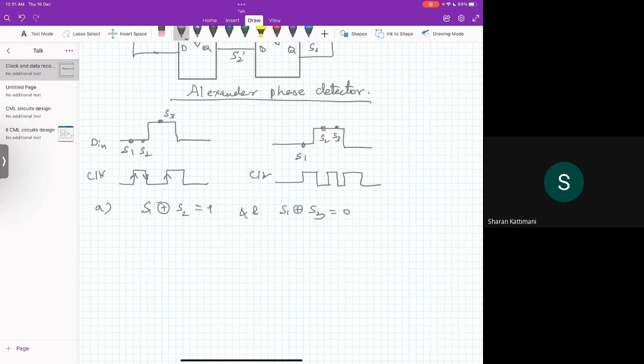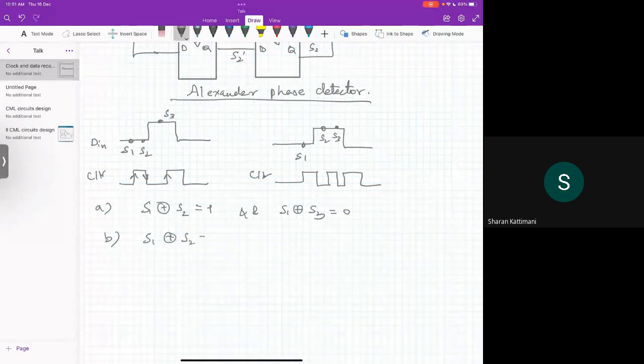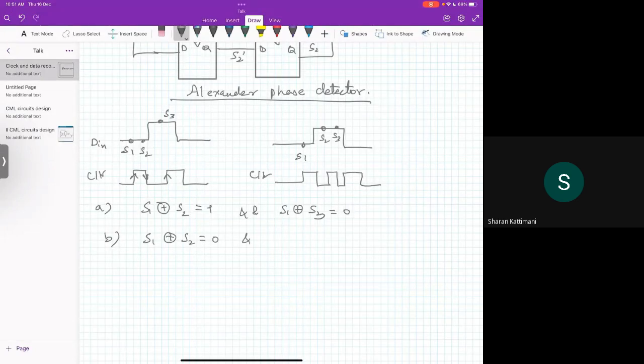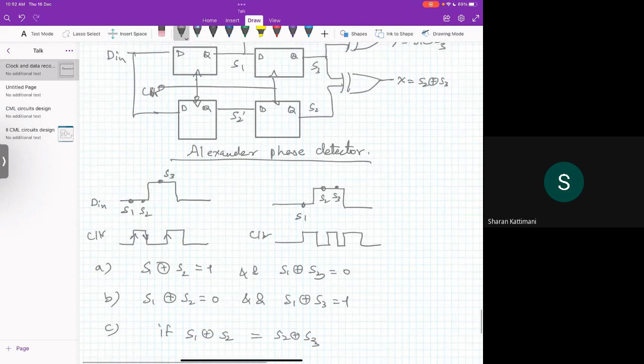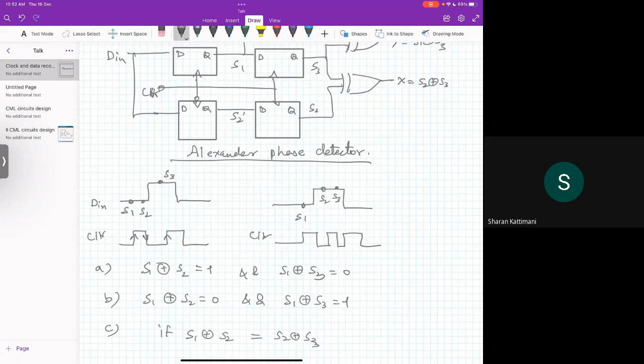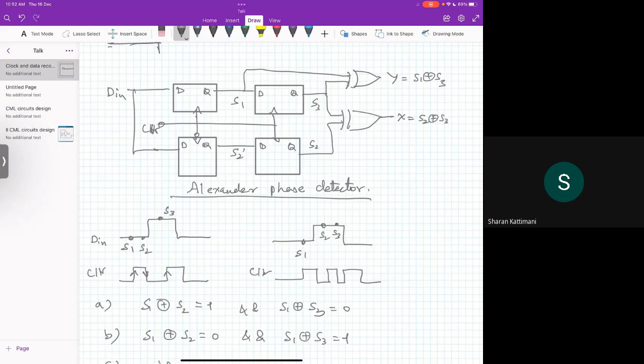Second is S1 XOR S2 is equal to 0 and S2 XOR S3 is equal to 1. And the third possibility is S1 XOR S2 is equal to S2 XOR S3.